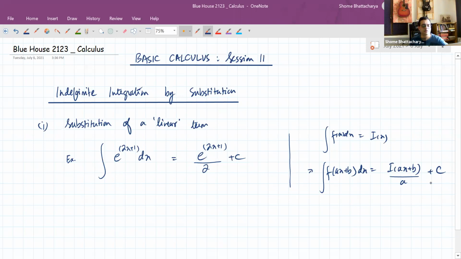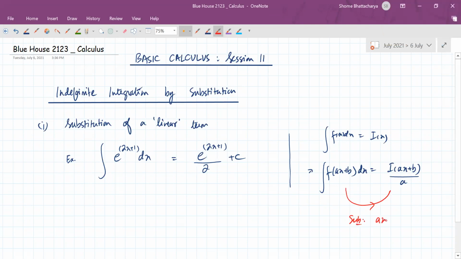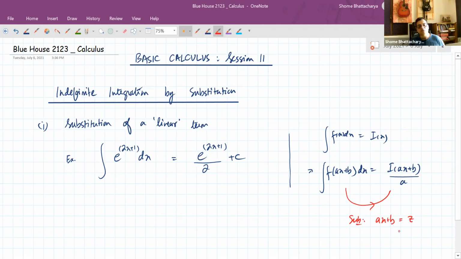I mean, the c is not required, it's part of the indefinite integral. And this had come by substitution. So we had come from this to this by substituting the linear term as a dummy variable z.